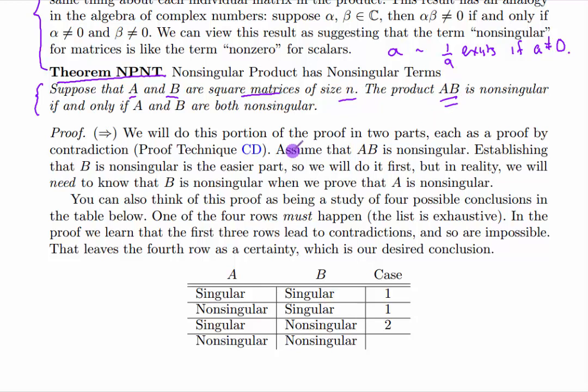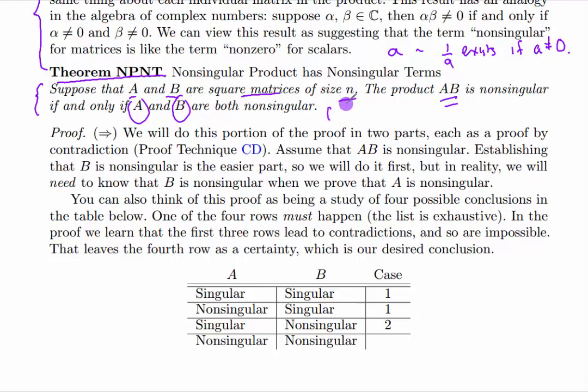The product AB is non-singular if and only if A and B are both non-singular. So in other words, if you got two non-singular matrices, multiply them together, you will get a non-singular matrix. On the other hand, if you have a matrix that's the product of two non-singular matrices, then both of them are non-singular.